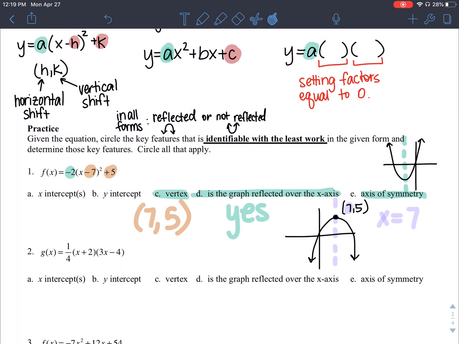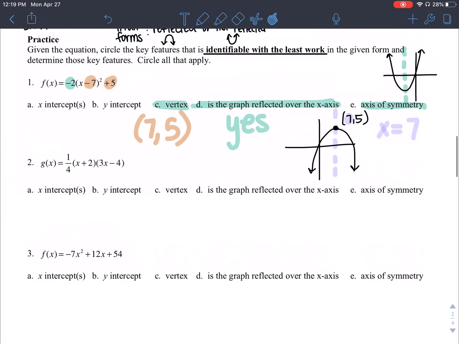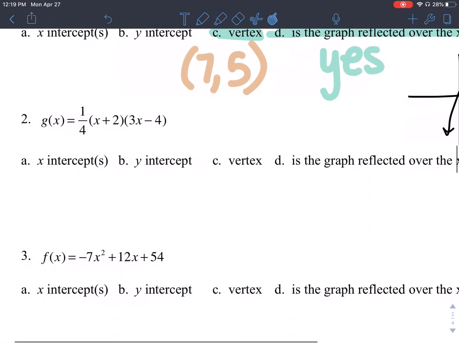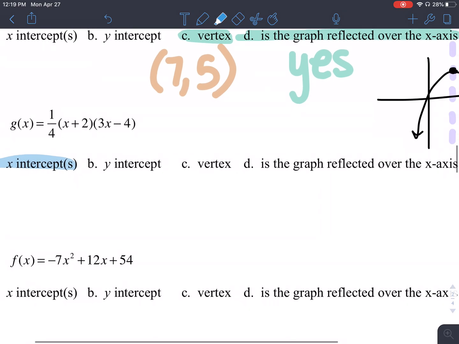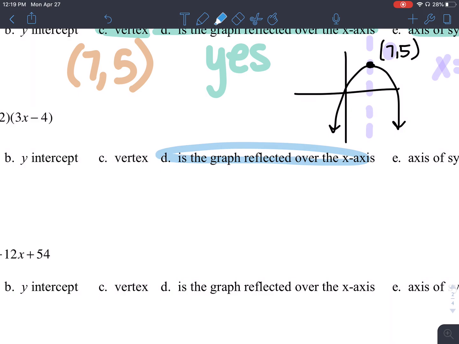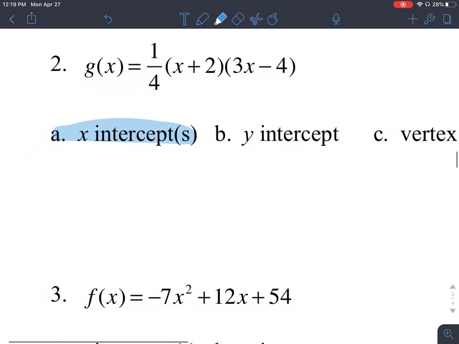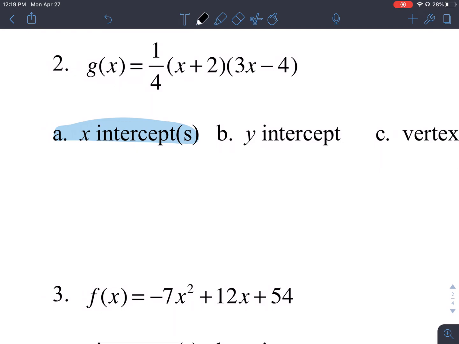Okay. Next one is in factored form. I can tell that because of those two sets of parentheses being multiplied together. And in factored form, I can easily tell my x-intercepts, and I can always tell if the graph is reflected. So I'm really going to highlight that one for each time. So x-intercepts, we said we needed to set each factor equal to 0. So x plus 2 equals 0, which means one of my x-intercepts is negative 2.